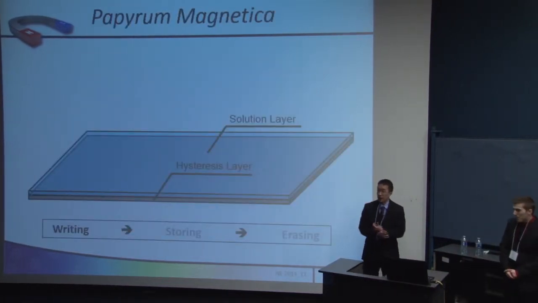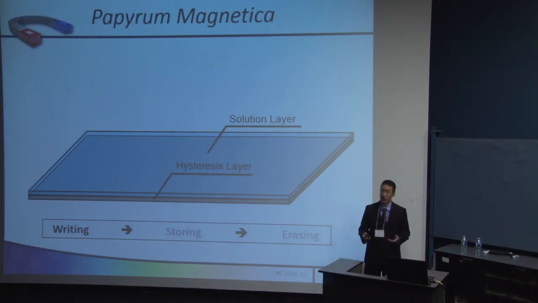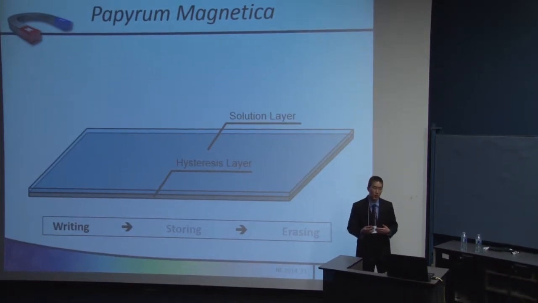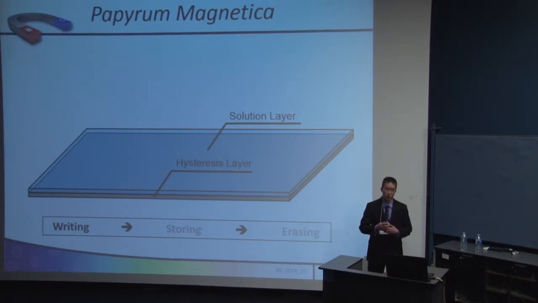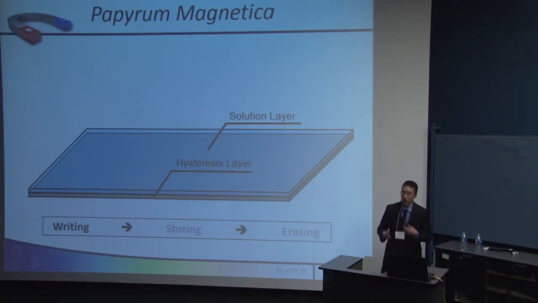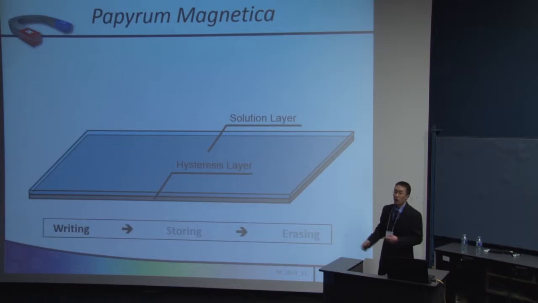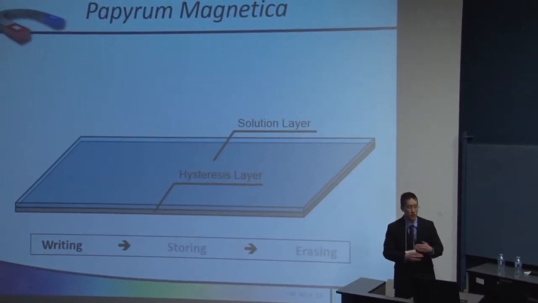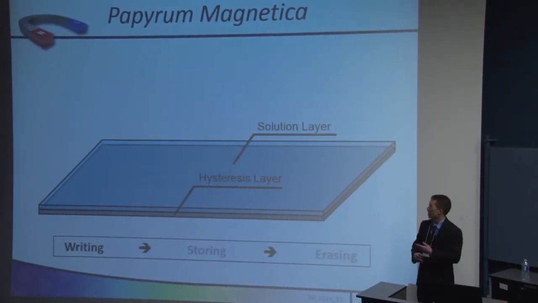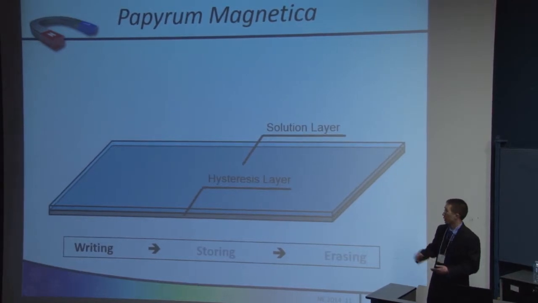Our idea with Papyrum Magnetica is to incorporate the phenomena that Kenji just described into one surface which can be used to record what was written on it. Essentially, there are two functional layers. On top, we have the solution layer, which contains our nanoclusters, and this is the layer responsible for providing color to our prototype.